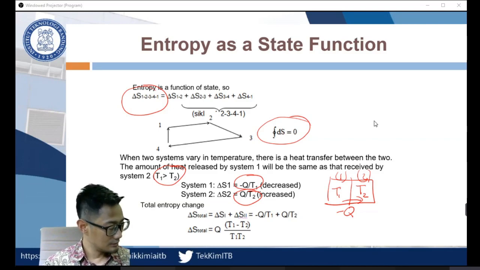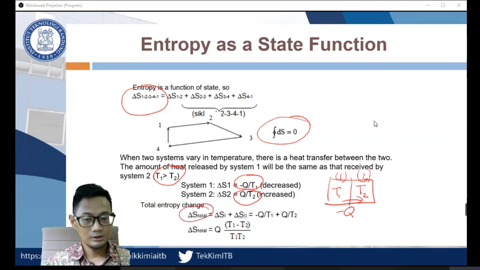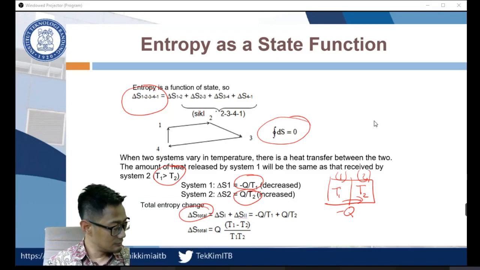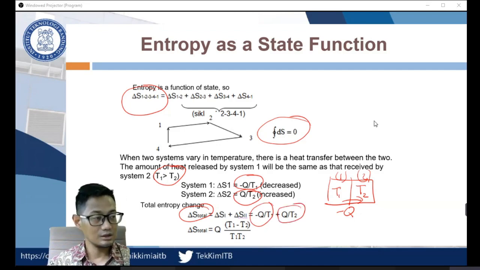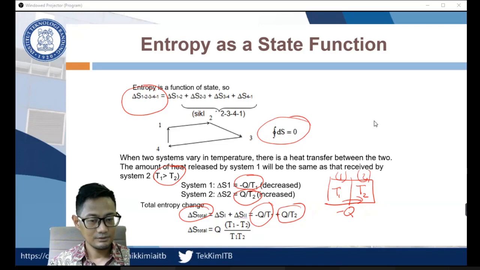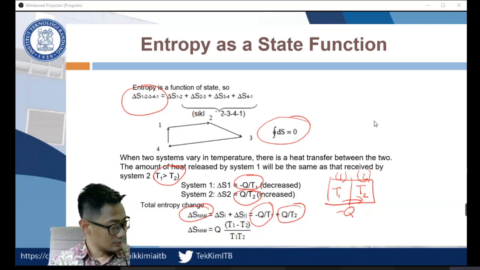So in total, delta S total should be equal to delta S of system 1 plus delta S of system 2, which is equal to minus Q by T1 plus Q by T2. It's not equal to 0. Okay? So delta S total would be like this.